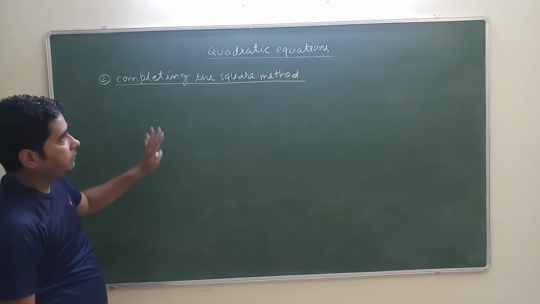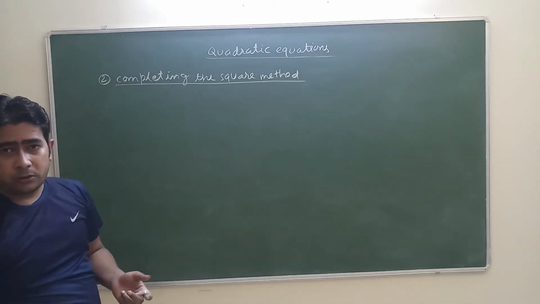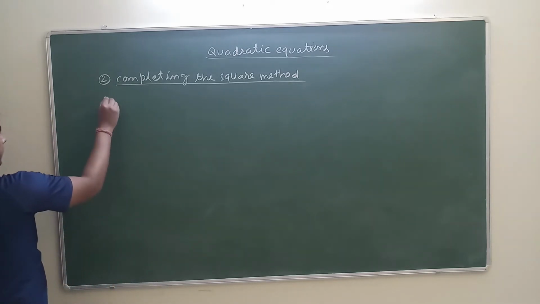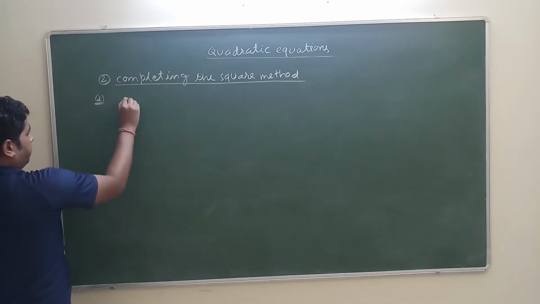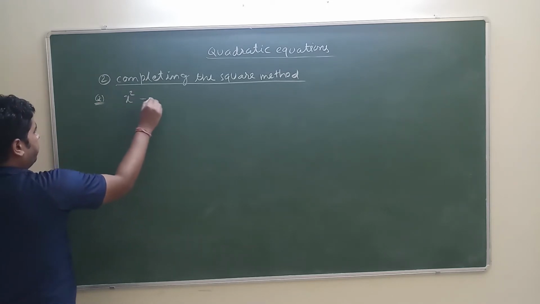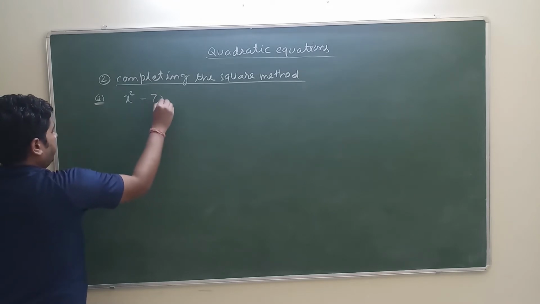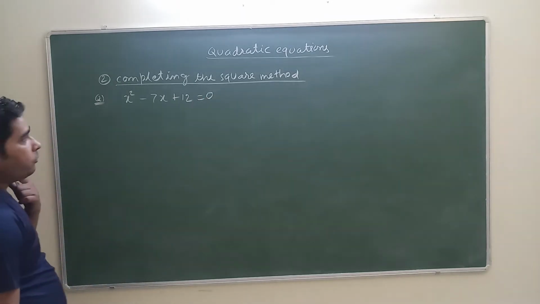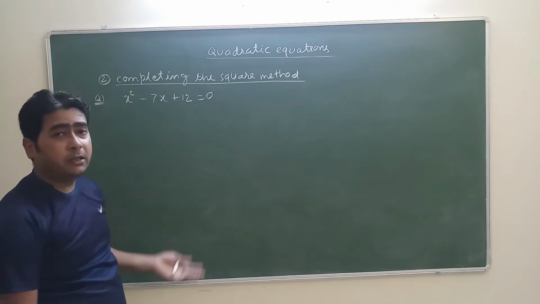In this method, we will try to find how we can get the roots alpha and beta for any given equation. So let me take an example. Let me take a question directly. So the question is x square minus 7x plus 12 is equal to 0. We have to find the roots of this equation by the completing the square method.